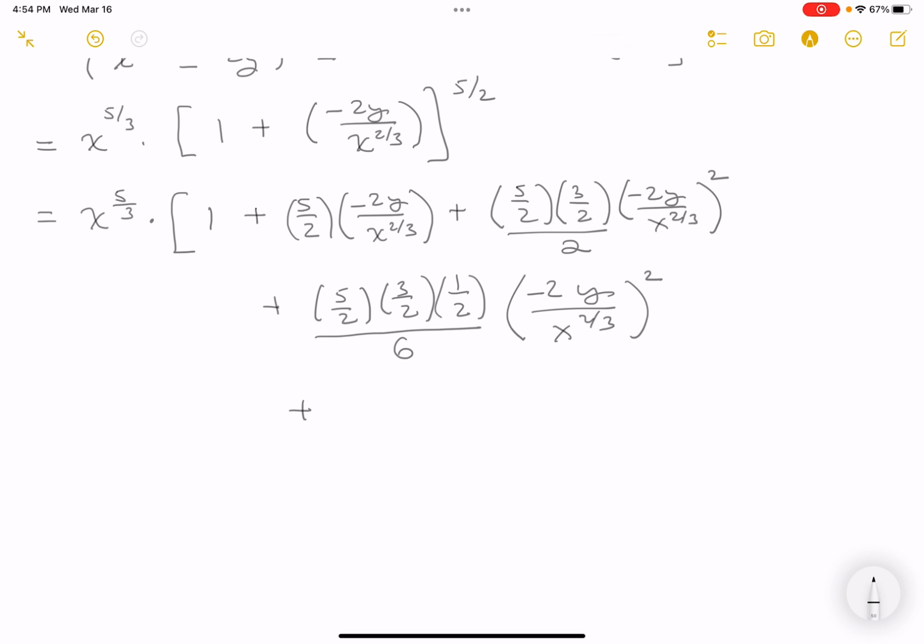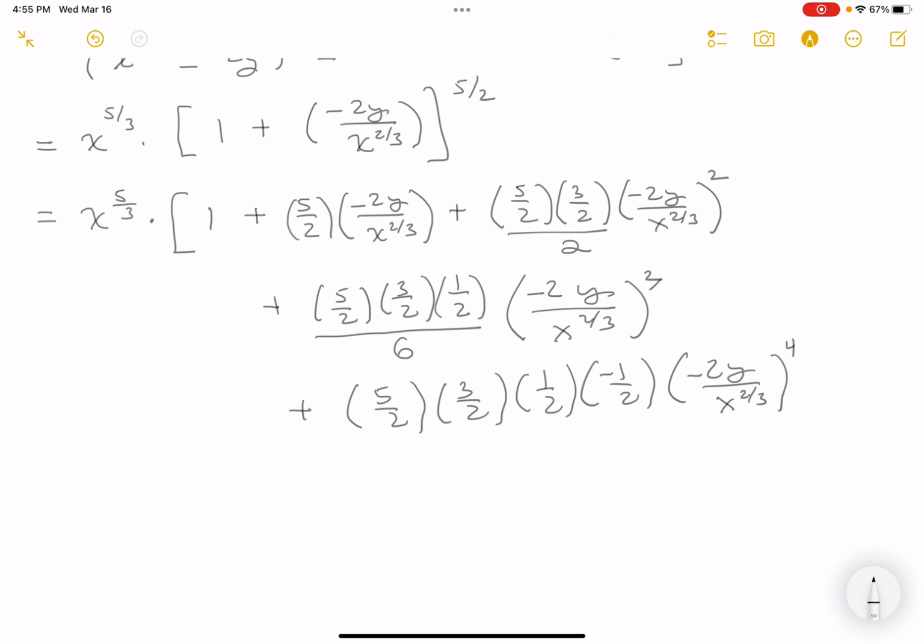Let's put the next term down. 5/2, 3/2, 1/2, and then you're going down by 2 on the top, so minus 1/2. It's going to be minus 2y over x to the 2/3, and that's going to be, I'm sorry, this is the 3rd power here. This is going to be the 4th power, over 4 factorial, which is 24.